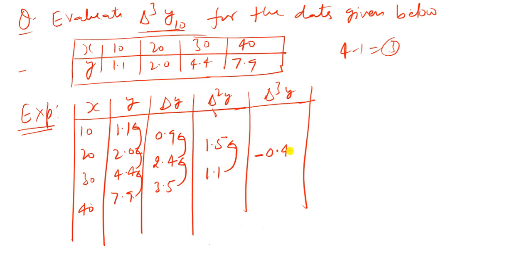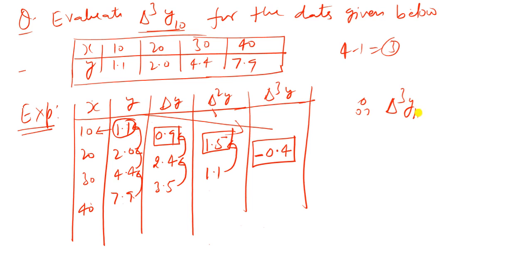So in the forward difference table, taking the values in this way, that is table values up to down, this value is y₁₀ corresponding to x, this is y₁₀, Δy₁₀, Δ²y₁₀, Δ³y₁₀. Therefore Δ³y₁₀ is equal to negative 0.4.